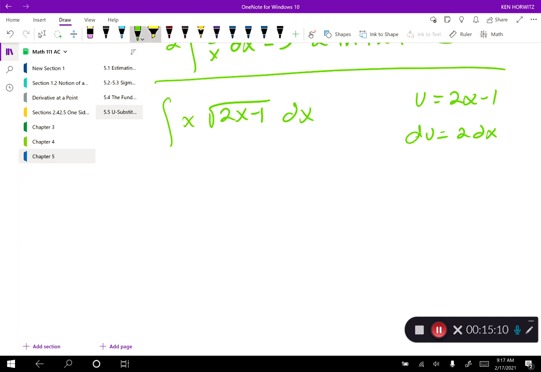Now you might say that's not a problem, but it is a problem. What about that x over here? Remember, if we're substituting, we've got to substitute for everything. We can't say x times u to the 1/2.